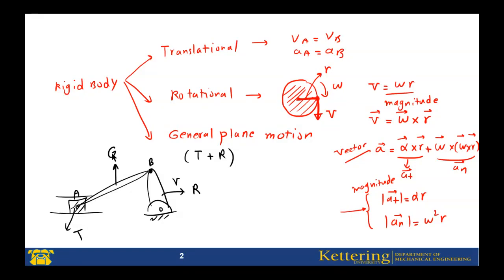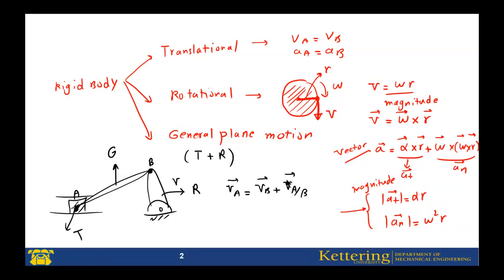Now for this general plane motion, in previous lecture, we used one equation. What was the equation? This is the relative velocity between these 2 points. Velocity of the A equal to velocity of the B plus velocity of the A with respect to B. I explained and showed you how we found this equation.